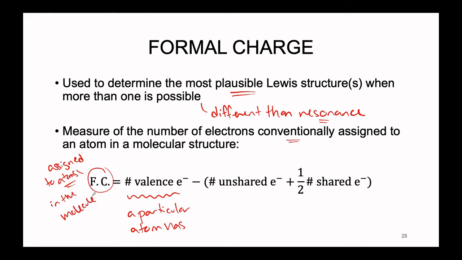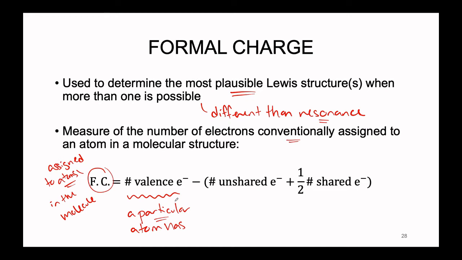Formal charge is not assigned to the molecule on the whole. We are instead looking at the parts inside of the molecule and determining whether or not the number of electrons that it is actually surrounded by in this molecular configuration is going to stabilize it by comparing that number to the number of valence electrons the particular atom normally has.